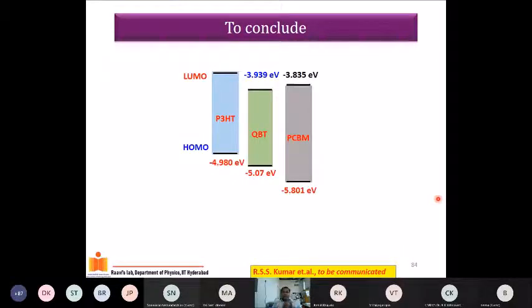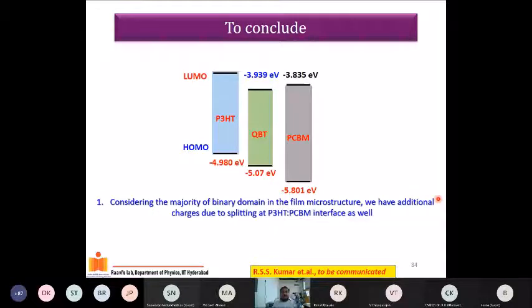So doing all these experiments, we could conclude this particular model, which is happening for this improved solar cell efficiency, where you have only 0.3% of QBT, so 97% is your P3HT:PCBM. So the majority is the binary domain. You have the electron injection from P3HT to PCBM and hole injection from PCBM to P3HT.